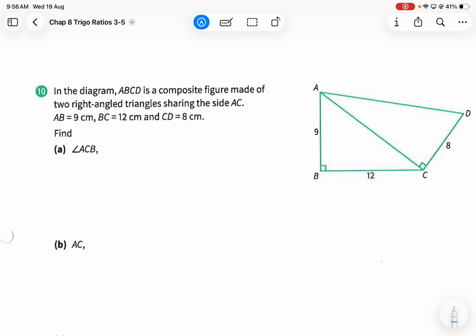Now, find angle ACB. Angle ACB is here. So angle ACB is within the bottom right angle triangle.